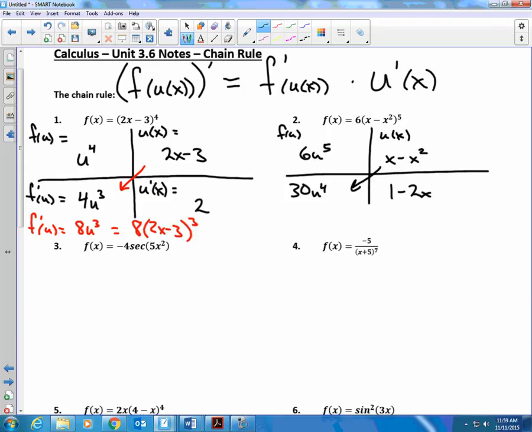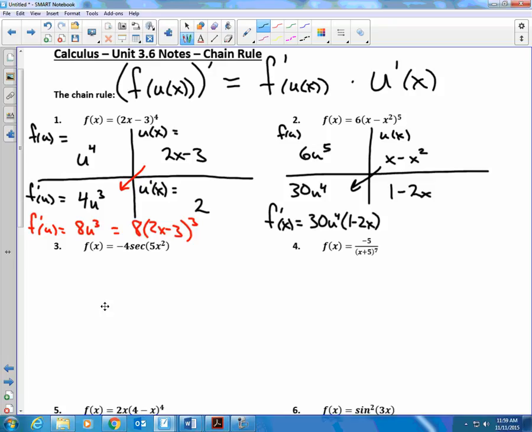Now remember, you got to plug this back in. So I'm going to multiply these. I can distribute the 30 to both of these, can't I? So I'm going to get f prime of x is, I'll just write it all out, 30u to the 4th times 1 minus 2x.